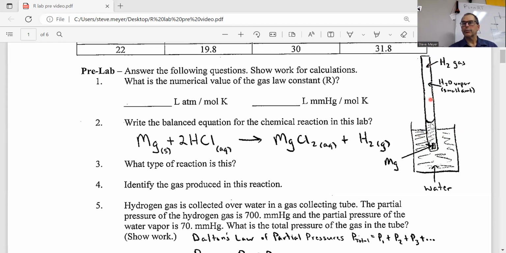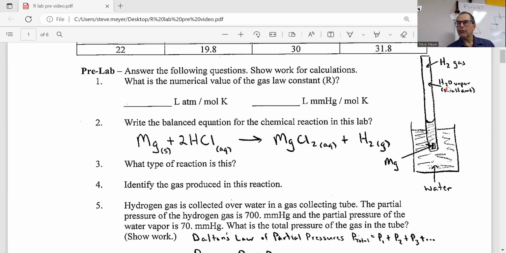Well, guess what happens? The hydrochloric acid drips down, meets the magnesium, it reacts, it creates bubbles. There's a little hole for the water to escape out, and then gas goes up in the tube. And it's virtually all hydrogen gas, okay? But does water evaporate? Absolutely. The higher the temperature, the more it evaporates.